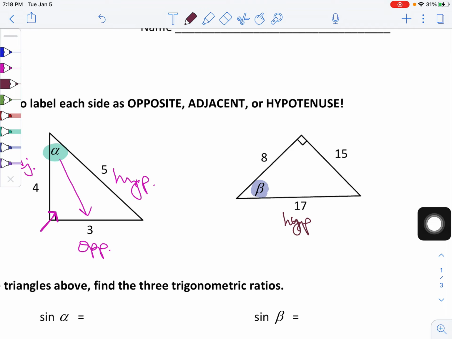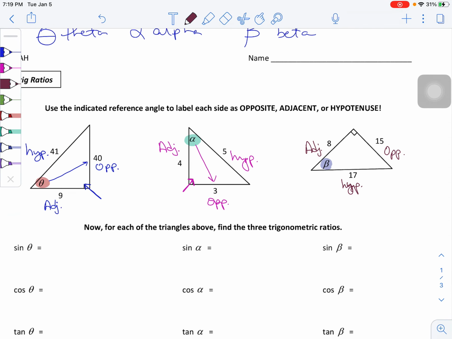Right next to beta here, this side of 8 would be your adjacent side, and then that would leave this being the opposite side. So however you want to do it, it's really up to you, but you need to know which side's opposite, adjacent, hypotenuse in order to do your trig functions, your trig ratios.